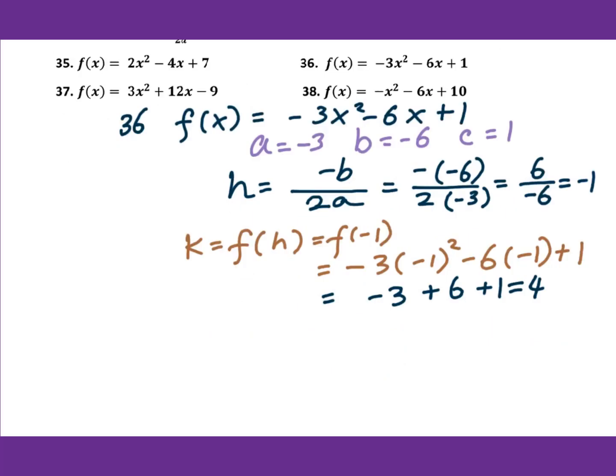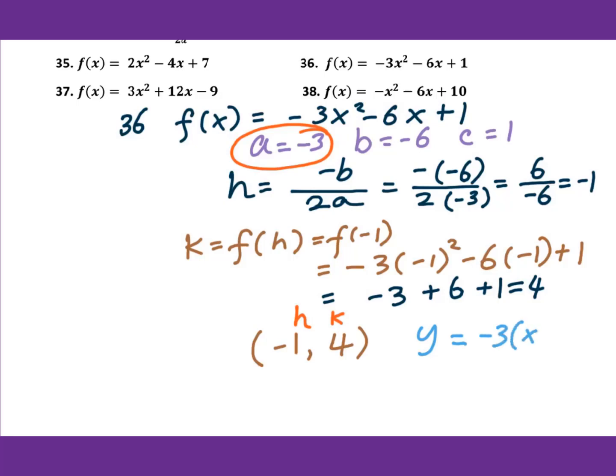In other words, (negative 1, 4) is the vertex, which we label as (h, k). A equals negative 3. Therefore, we use the vertex formula and get y equals negative 3 times (x plus 1) squared plus 4. This is the vertex form for 36.